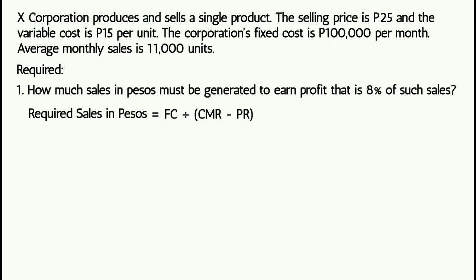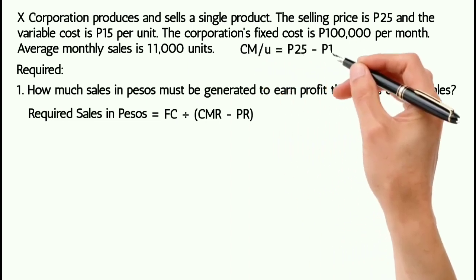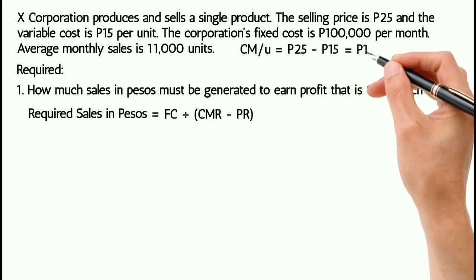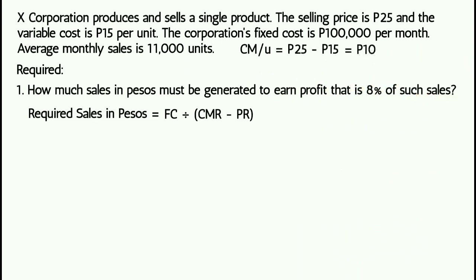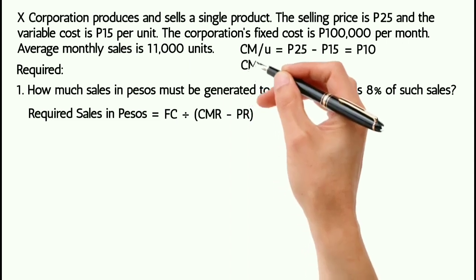Ang selling price per unit ay 25 pesos at ang variable cost per unit ay 15 pesos. So, ang contribution margin per unit ay 10 pesos. Para ma-compute yung contribution margin ratio, we will divide the contribution margin per unit by the selling price per unit.